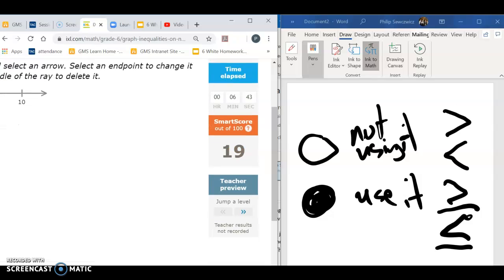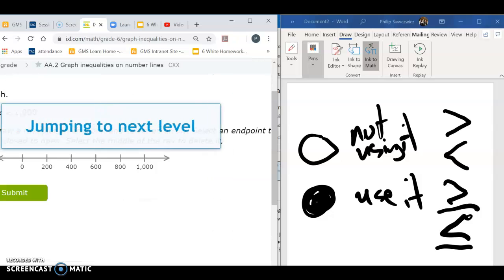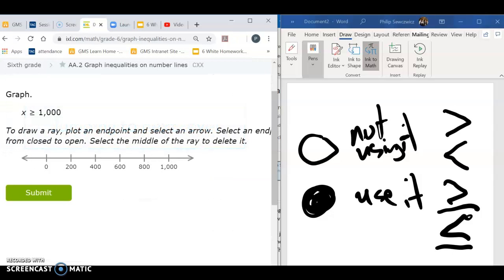Let's jump up a level and get to another type of problem here. Big number there, huh? What number is it? 1,000, yes. So we want numbers that are greater than or equal to 1,000. They're counting by 100s.